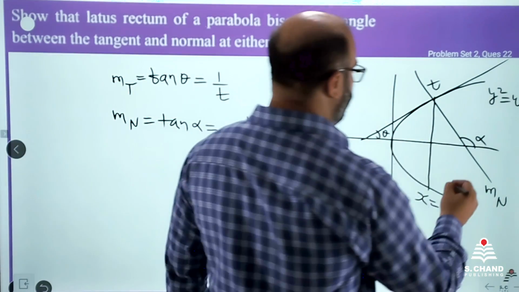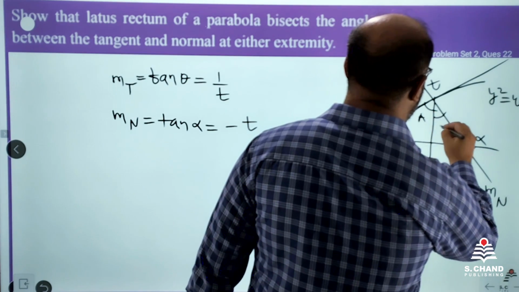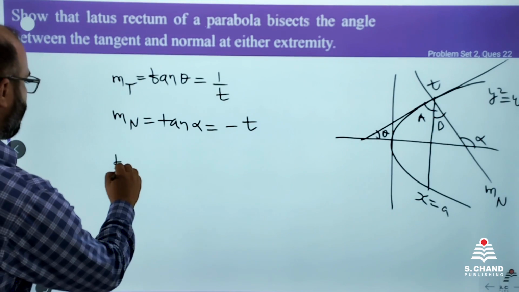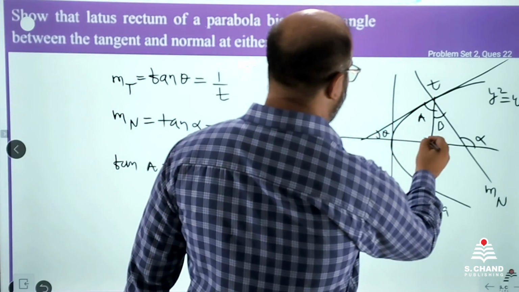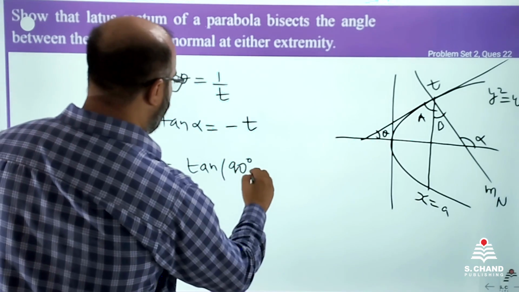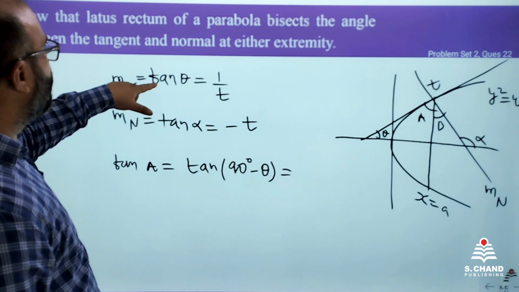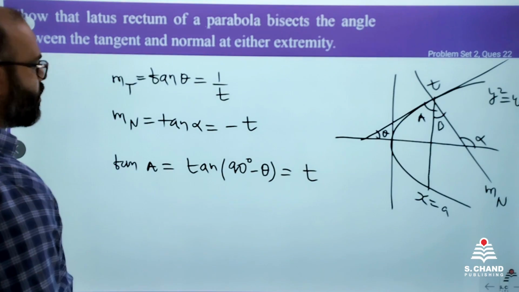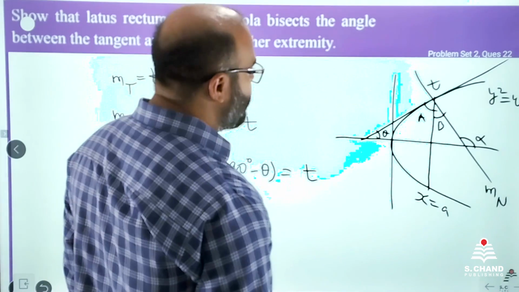Now if we take the angle, this as A and this as B, so this angle tan A is actually equal to tan of 90 degree minus theta, which will be cot theta, and cot theta will be equal to 1 by tan theta. So that will be t, right? So this is tan A. So A is tan inverse of t, you can say.